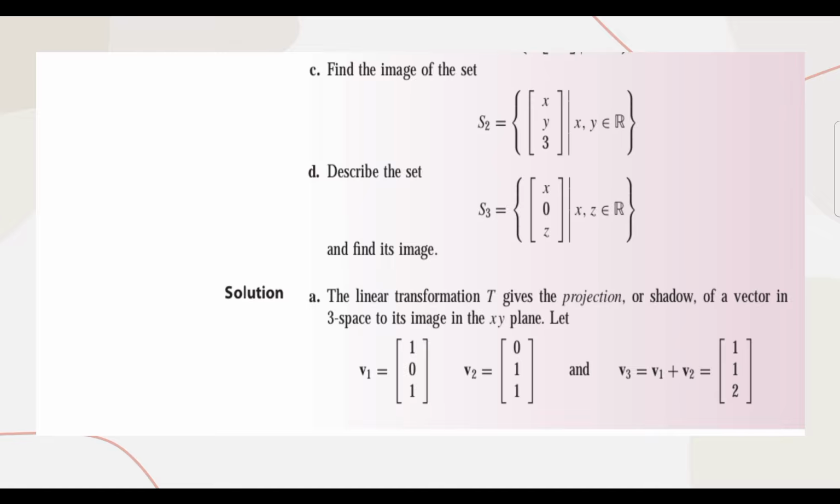So in solution A, the transformation T drops the z-coordinate, projecting any vector (x, y, z) onto its shadow (x, y) in the 2D plane. So the equation T(u + v) = T(u) + T(v) demonstrates the additivity property of linear transformation, meaning the projection of a sum of vectors is equal to the sum of their individual projections.